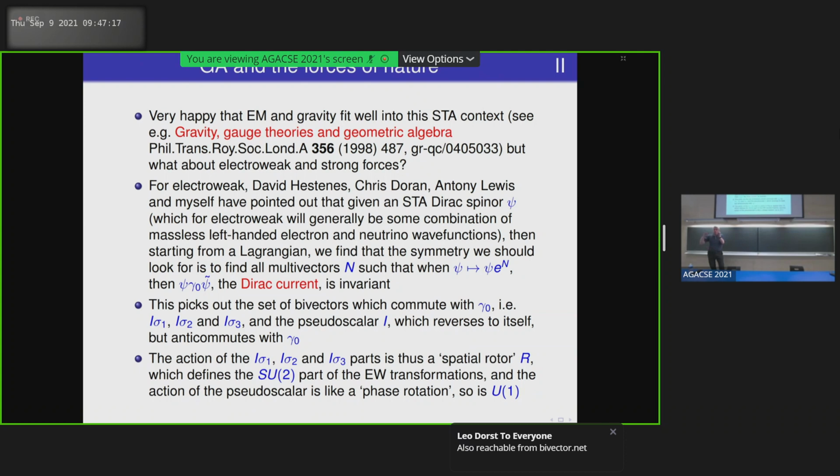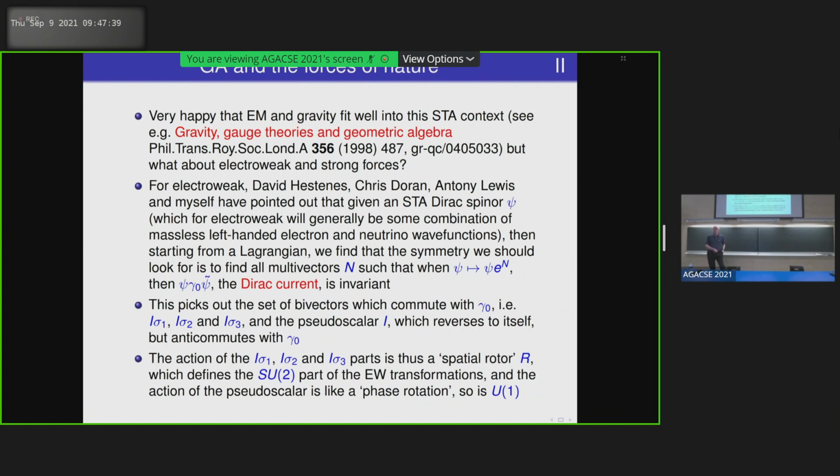Okay, just to emphasize, this is all in the ordinary space-time algebra. We're going to electroweak, and we know we're doing that because we're looking at things on the right of the wave function. And if you ask that the Dirac current is invariant, it picks out a set of bivectors which obviously have to do with gamma naught, and that's I sigma 1, I sigma 2, I sigma 3.